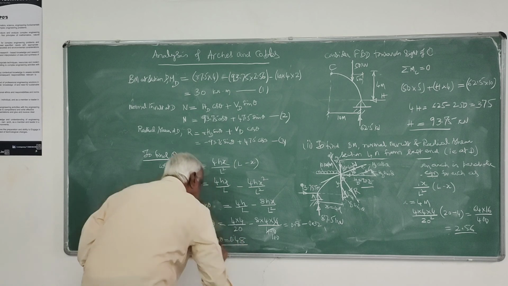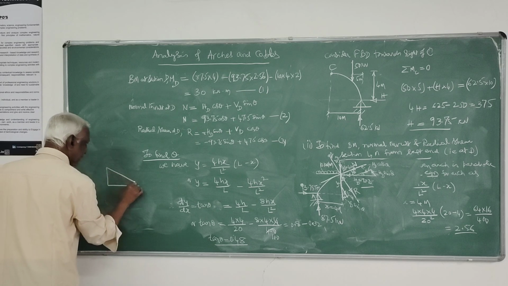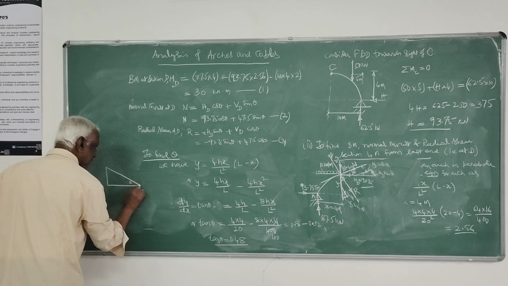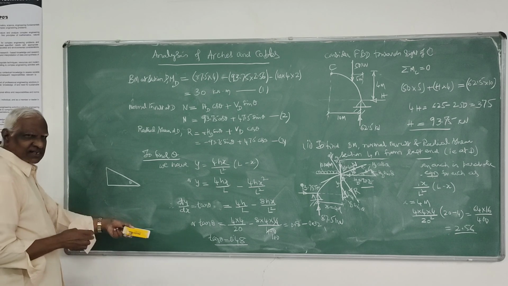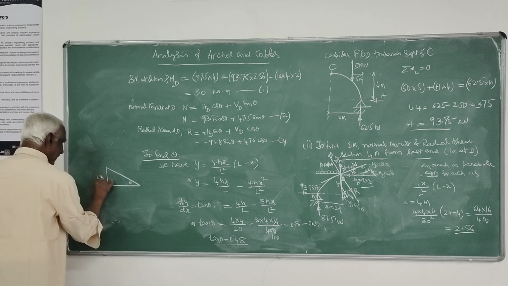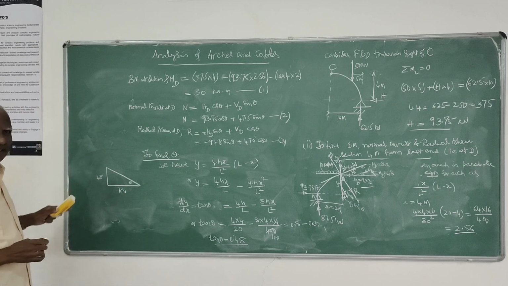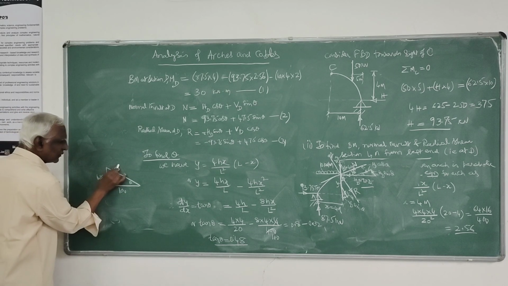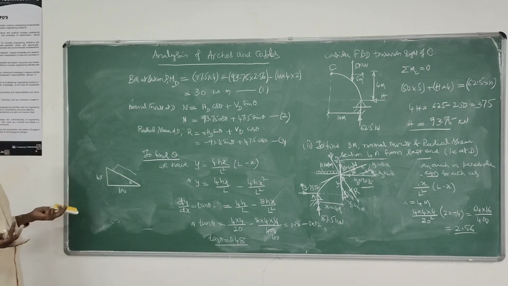Straight away you can determine like this, that is easy. If you have a triangle where this is theta and tan theta is 0.48, that is 48 by 100, the opposite side by adjacent side, you can find this. Then sin theta and cos theta you can find.